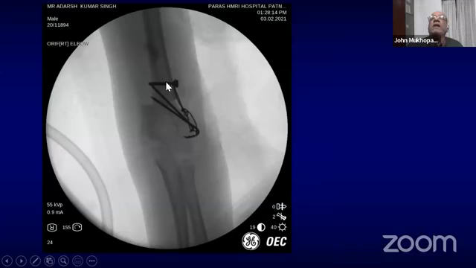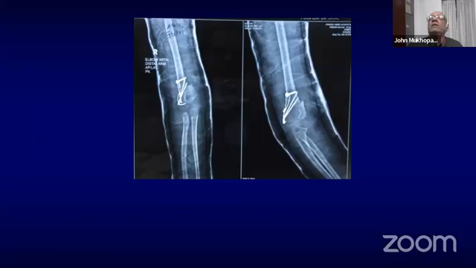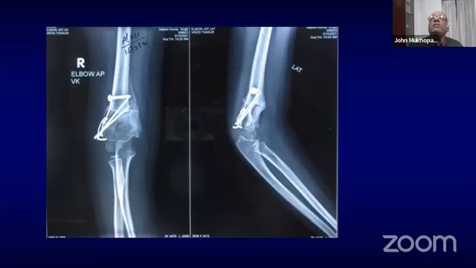And once we passed our wires through, we also do a tension band wiring, make sure that's adequately tight. You can see it's translated. We don't always get so much translation. We usually aim for a little less. This is the kind of correction you get, and we also derotate it so that you get a good correction. So now you can see the post-op X-ray.